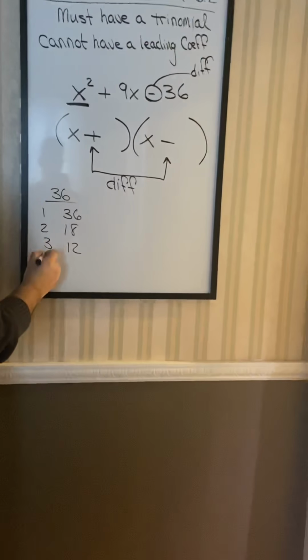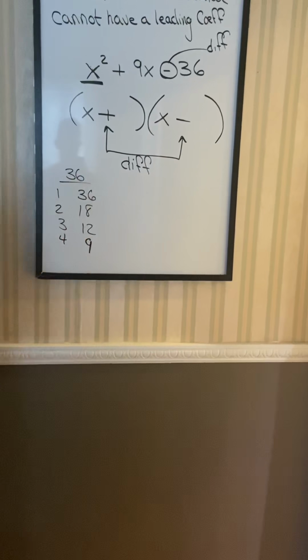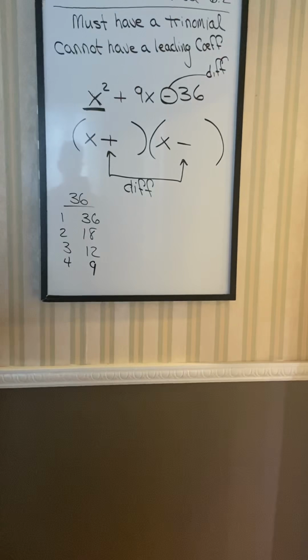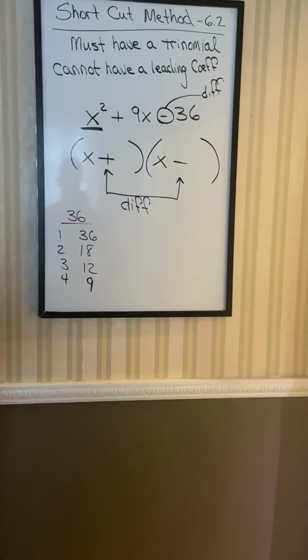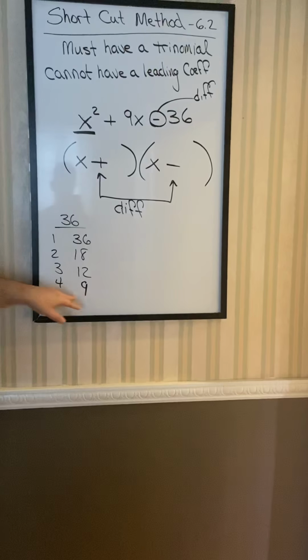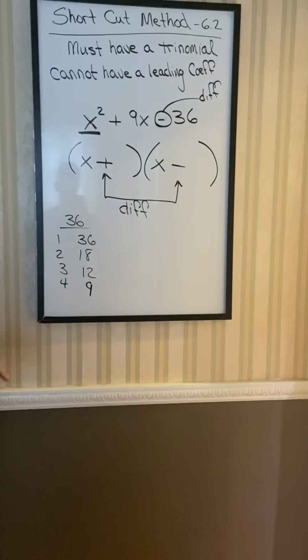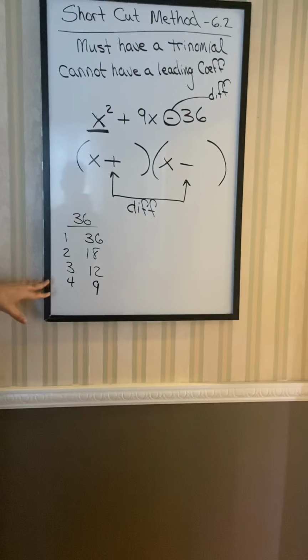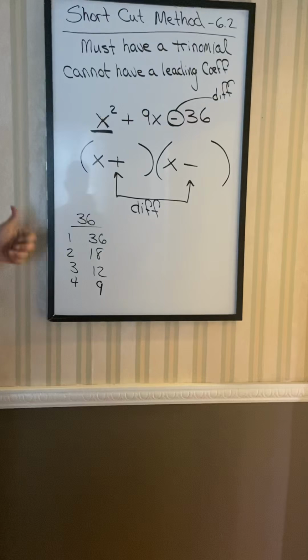So 36 divided by 4 is 9. 36 divided by 5, doesn't go in there evenly. If you put it in your calculator, you get 7.2. When you're doing a combos list, you're only putting the numbers that go in there evenly. No decimals, no fractions. So 1 through 4 worked, 5 didn't.